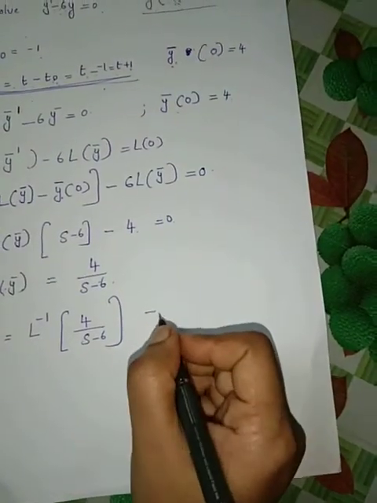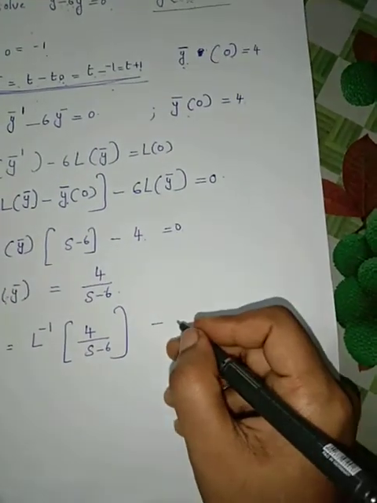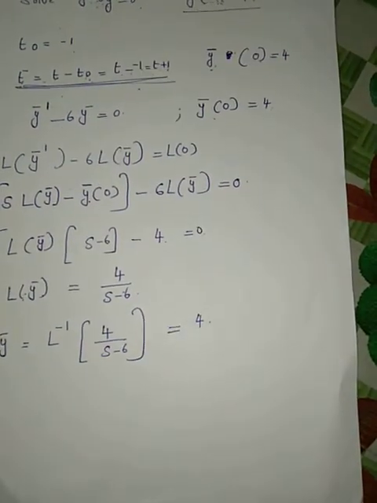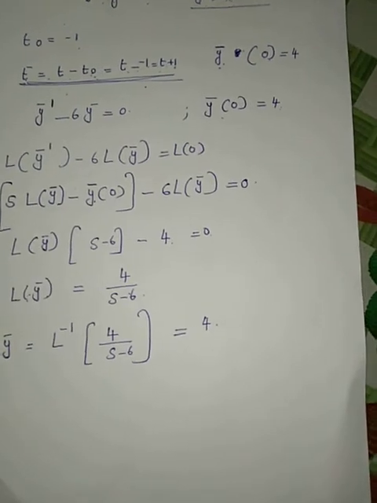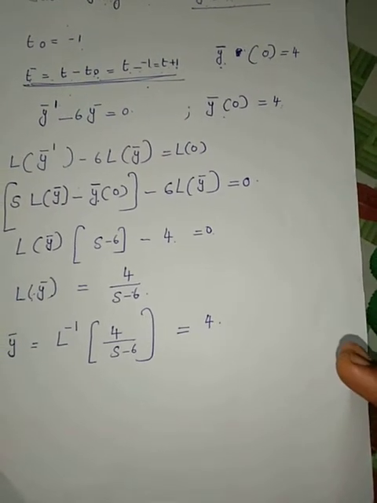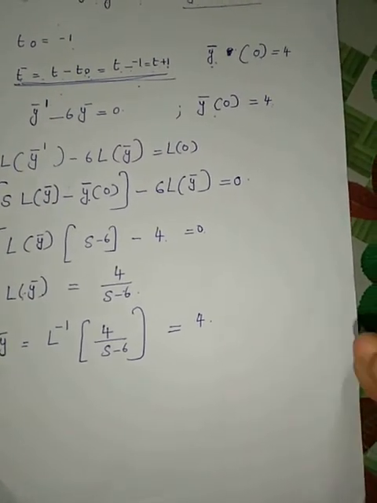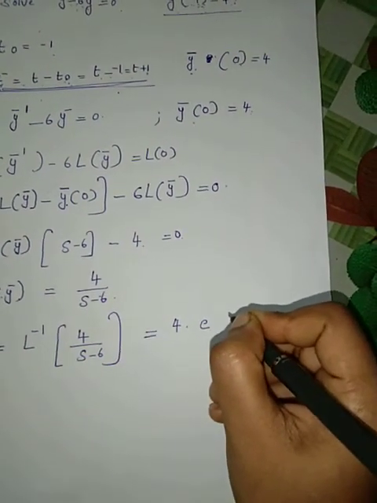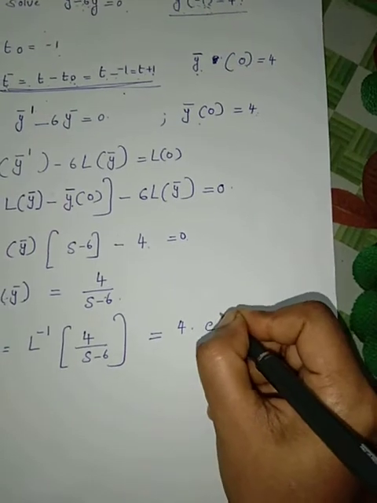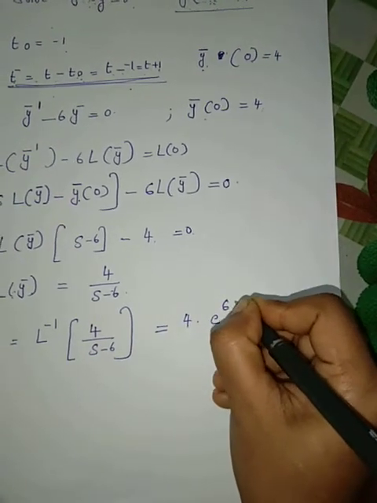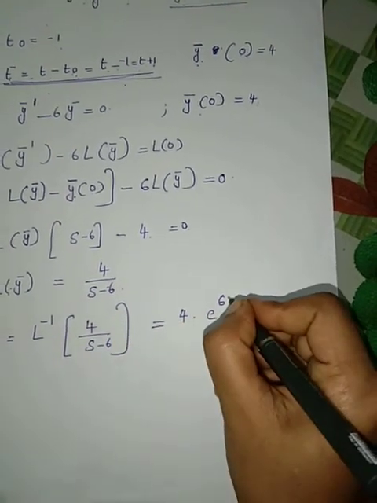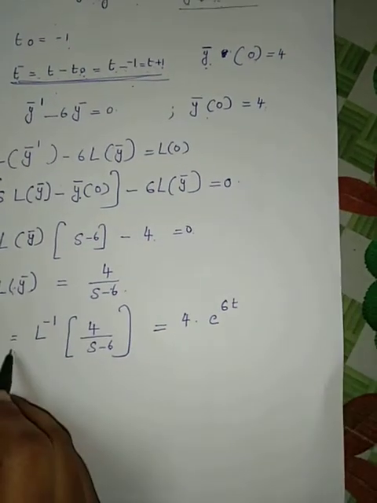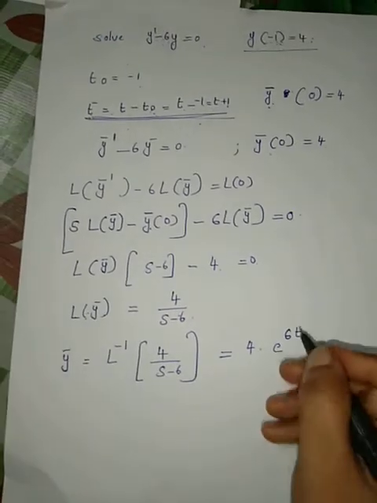That is equal to 4 into the inverse Laplace transform of 1 by s minus a, a standard form, which is e raised to a t. Here a is 6, but the variable is t bar instead of t.